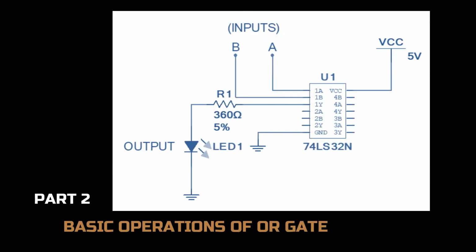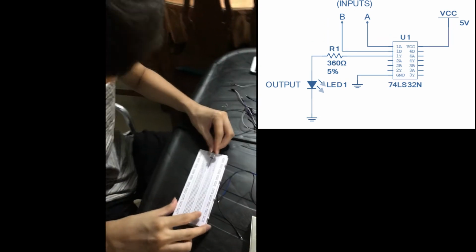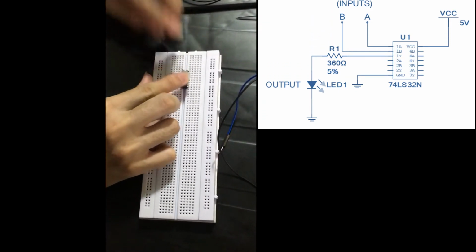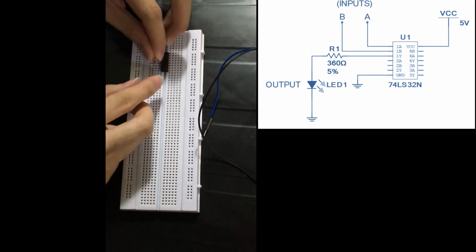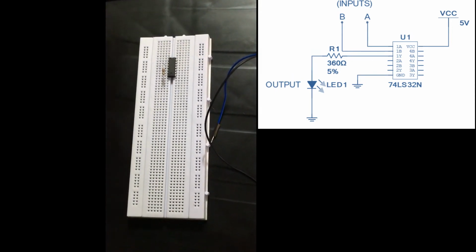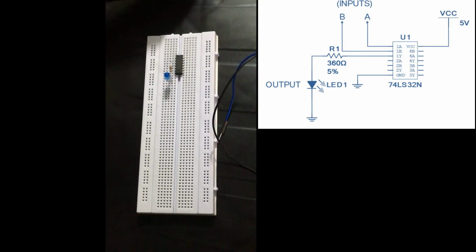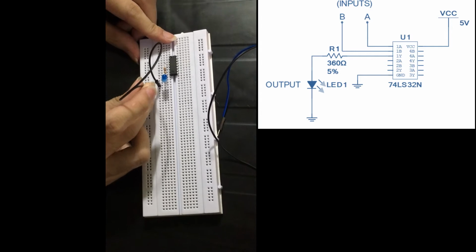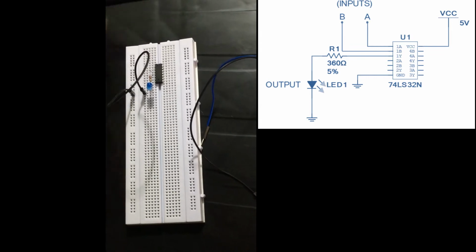For the second part of the experiment, we will be dealing with the basic operations of the OR gate. Following the circuit diagram, we will be using the 7432 OR gate and connecting the resistor in the third pin in series with the LED and the ground. Then, the ground on the 7th pin of the IC.